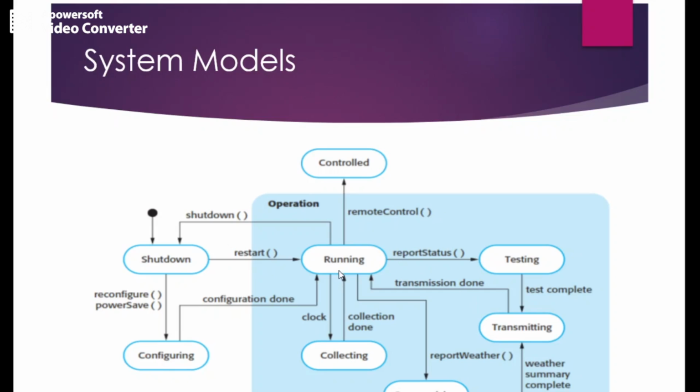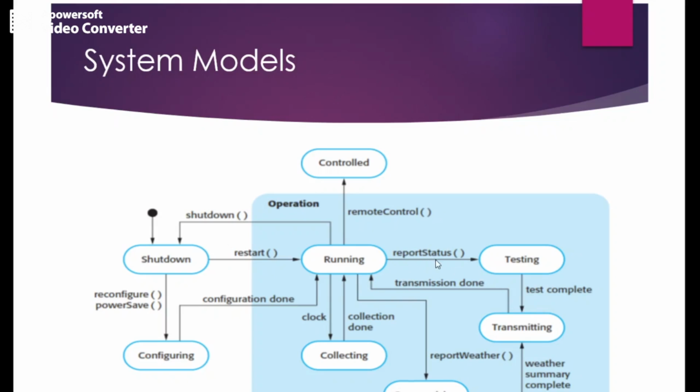Then from the running state, if it receives a report weather message, it moves to summarizing state. And once the weather summary is complete, it moves to transmitting state. And from transmitting, it moves to running state.